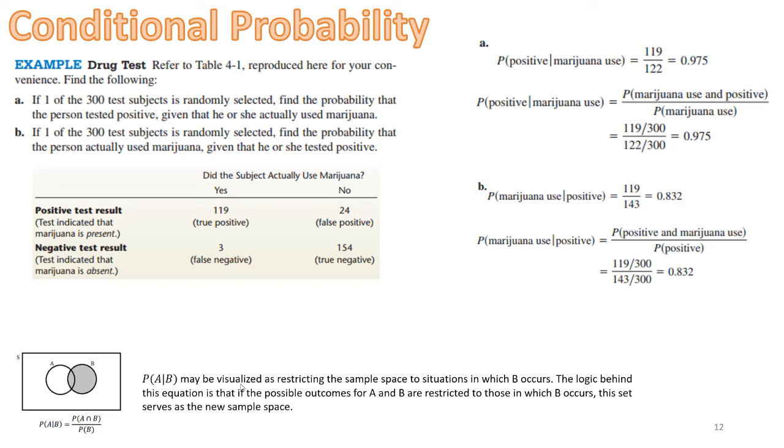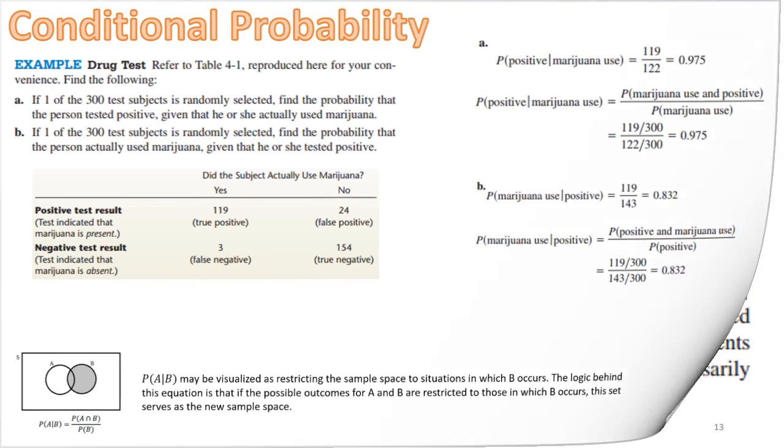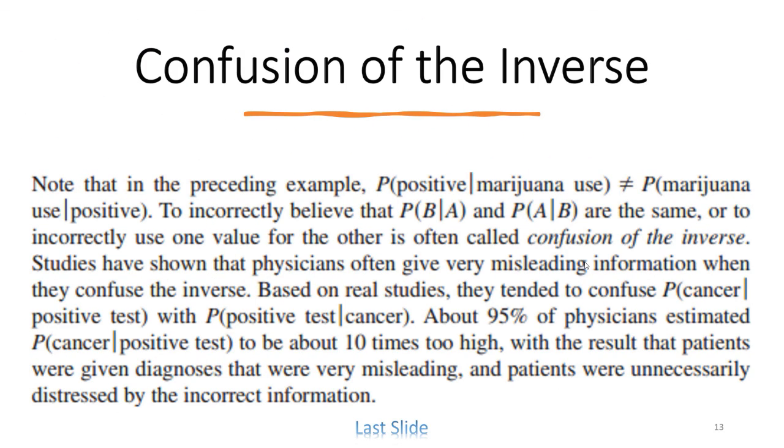right? To somehow think that the probability of A given B is the same as the probability of B given A is called the confusion of the inverse. And it can pose very serious problems in different disciplines. Very careful decisions have to be made, both by the medical practitioner and the patient when it comes to serious illnesses like cancer.